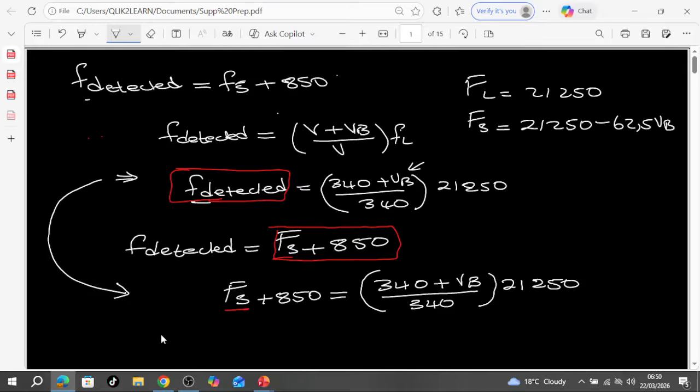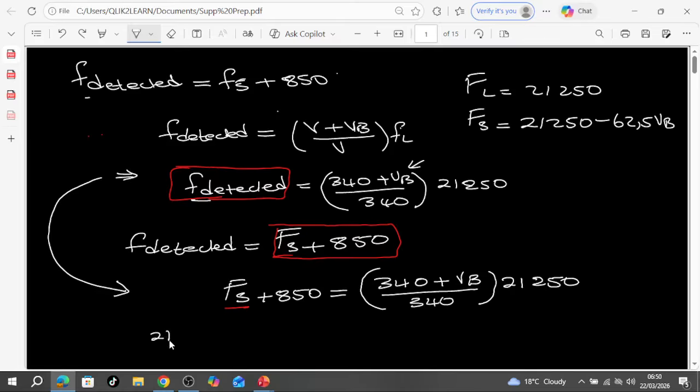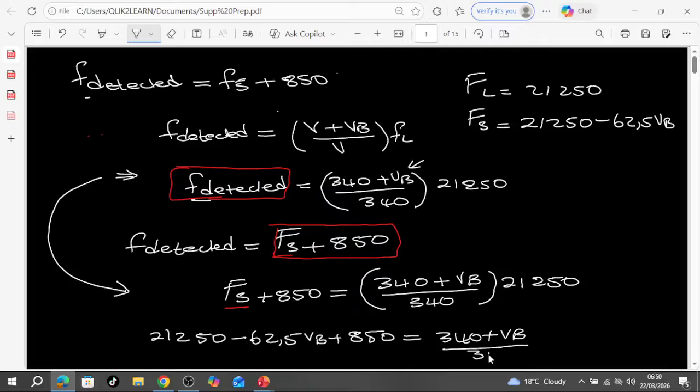So my Fs will be 21,250 minus 62.5 VB, then you add that 850, and equate this to 340 plus VB over 340, multiplied by 21250.